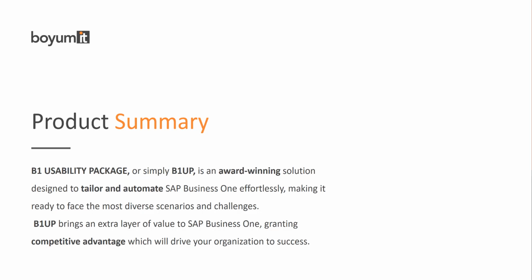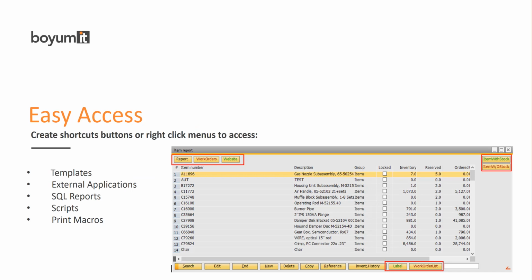Today we will cover some features you can also do on certain Beas screens if you have the B1 Usability Package. Let's start with the buttons. We call it easy access.